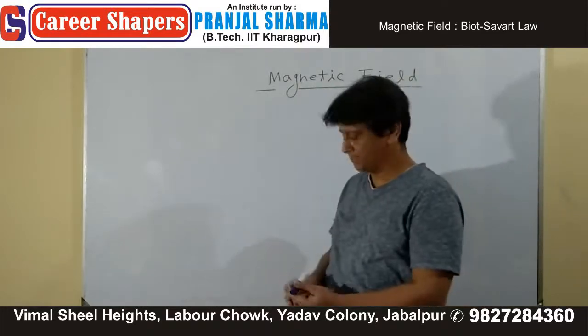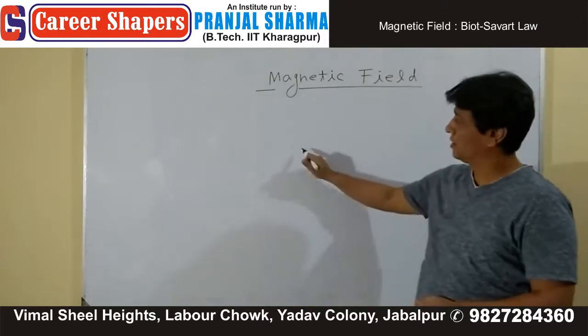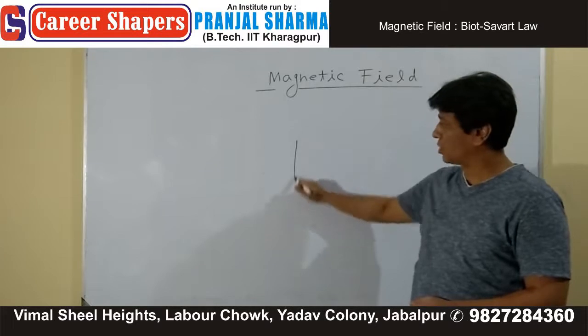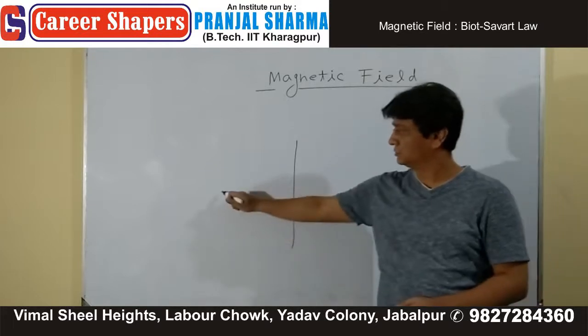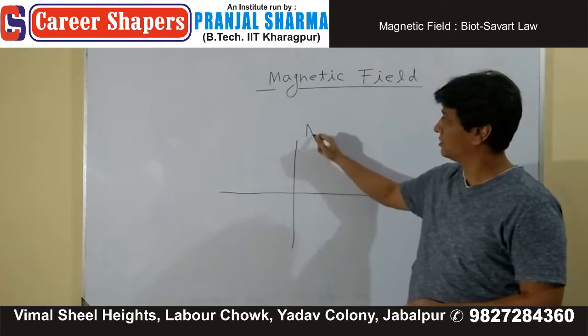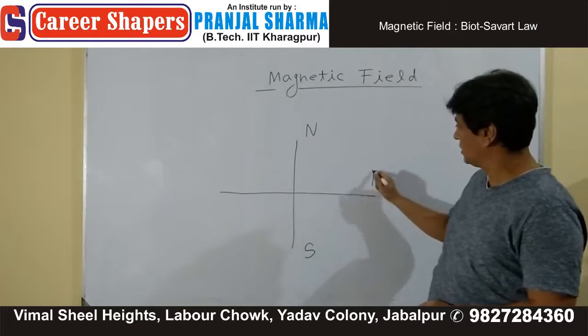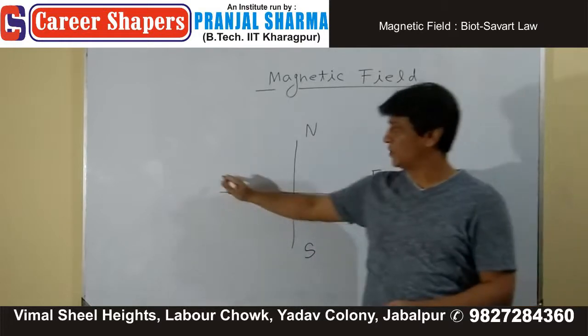Look here. Well, that's how you draw north and south. This is north, this is south, this is east, and this is west.